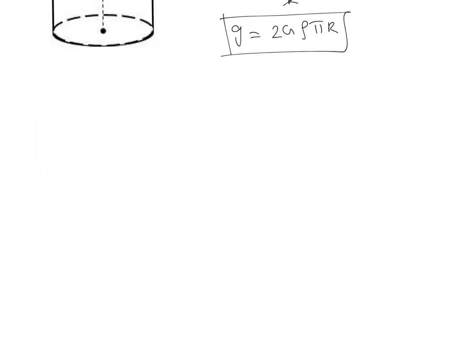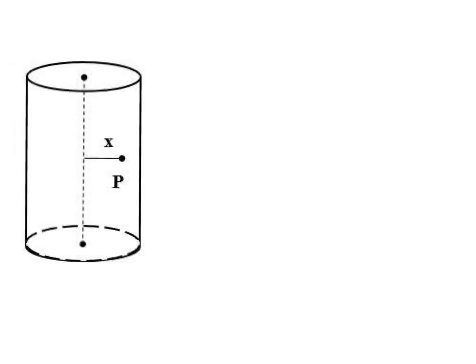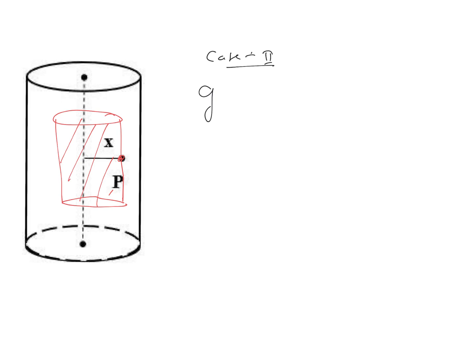Now in this third case, we are going to find out the value of gravitational field inside. So if you want to find out the value of gravitational field inside, we need to consider a part something like this. So the cylinder that we are considering has a radius equal to x. Take it as case 3, when the value of x is less than r.